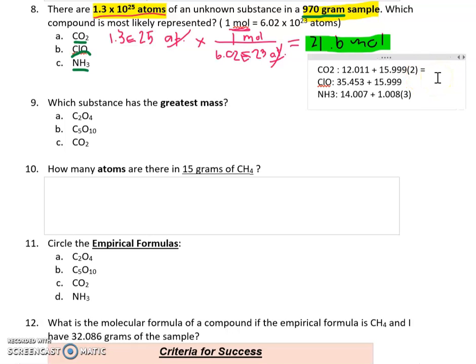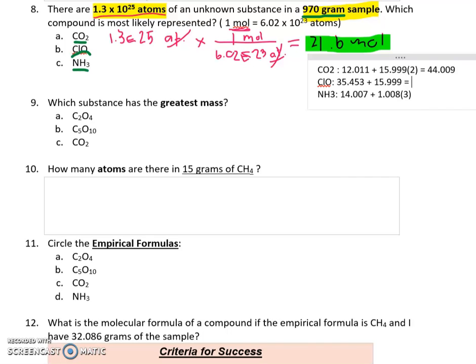So 15.999 times 2 plus 12.011 is equal to 44.009. ClO, the molar mass, is that right? Did it just do the math for me? Oh my gosh, did I discover something? Plus 15.999.